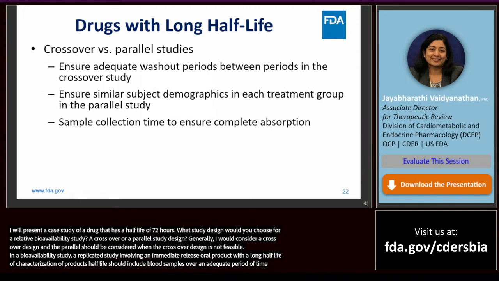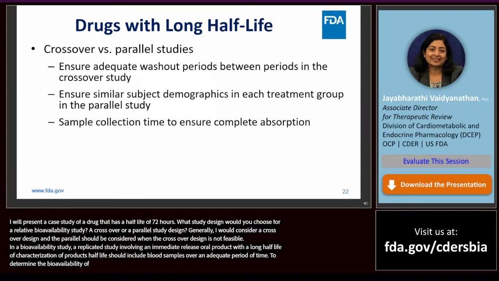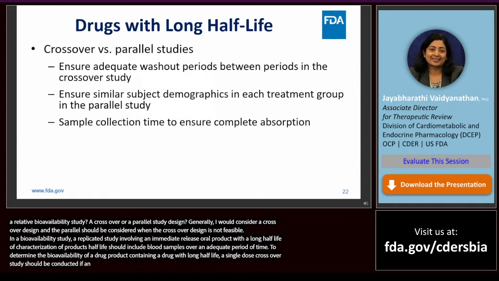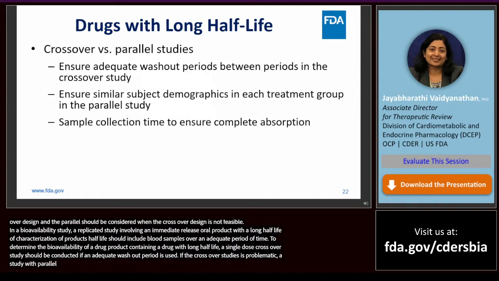To determine the bioavailability of a drug product containing a drug with long half-life, a single-dose crossover study should be conducted if an adequate washout period is used. If the crossover study is problematic, a study with parallel design should be used. Ensure similar subject demographics in each treatment group.